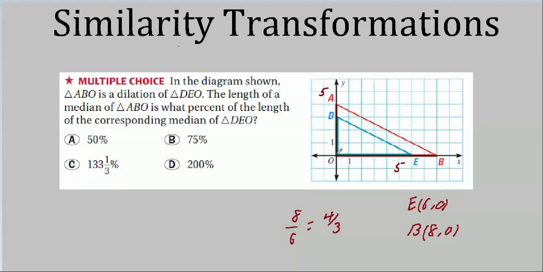So we know that they're similar. Now, the lengths of these, well, that's easy to compute because that's how we got our similarity transformation, it's 4 to 3. So every single part of this image will be 4/3 of this. And 4/3 is the same as 1.33 or 133%. So that's C.